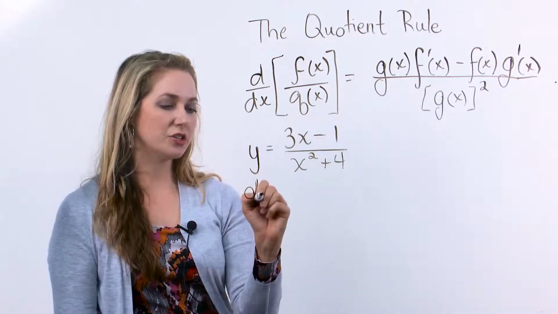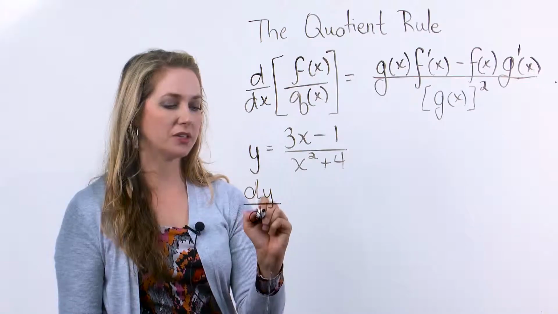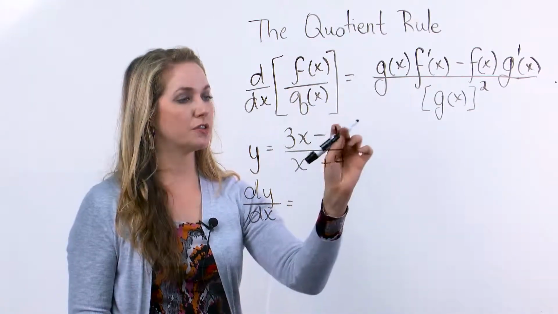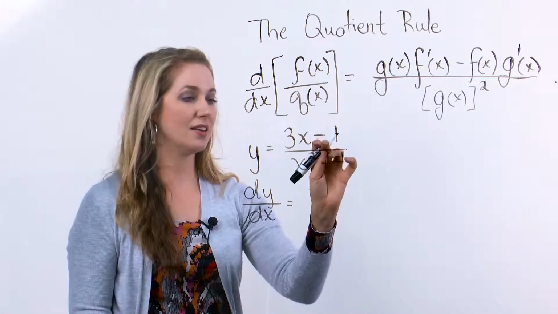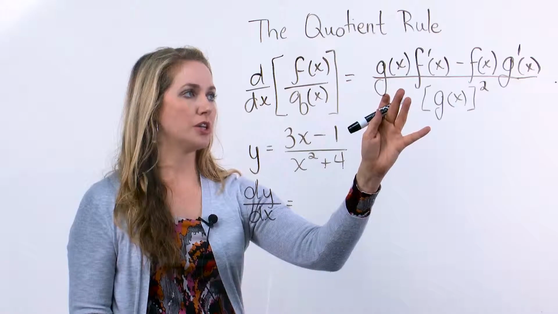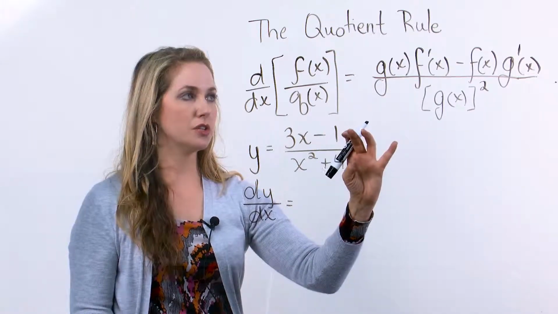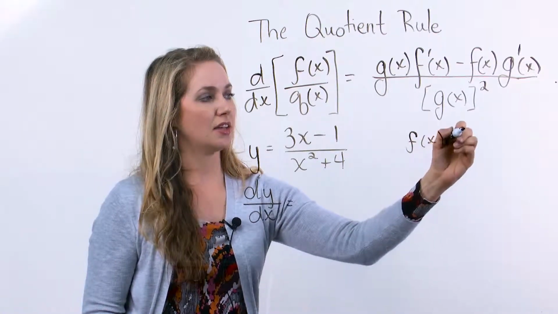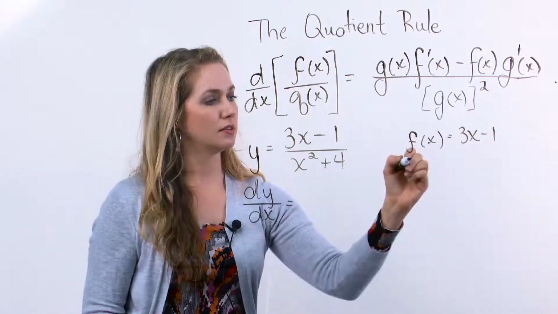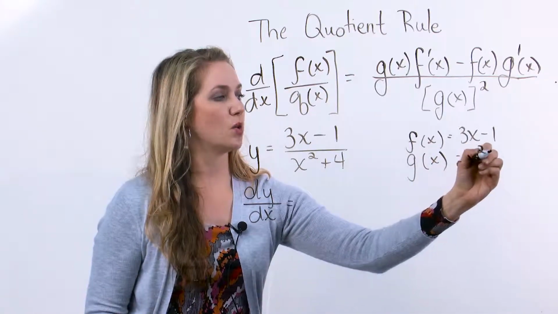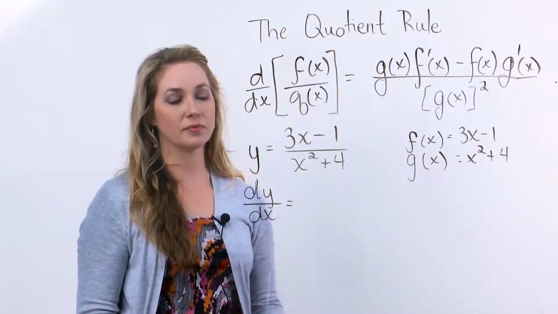If I want to find the derivative of y with respect to x, since I have a quotient of two functions, you'll notice the first function is 3x minus 1 and the second function is x squared plus 4. I am going to apply the quotient rule using these two functions. So my f of x in this case is 3x minus 1, and my g of x in this case is x squared plus 4.